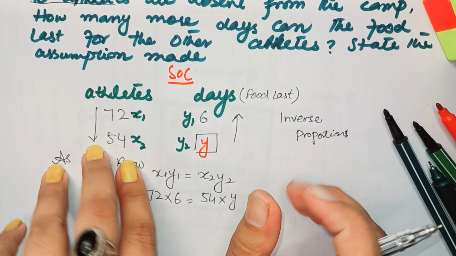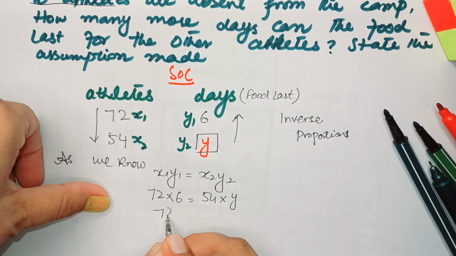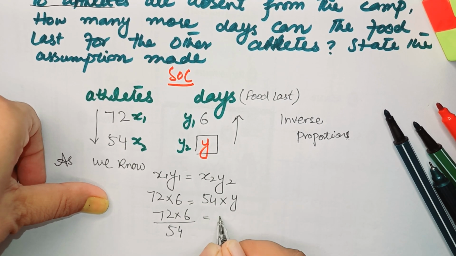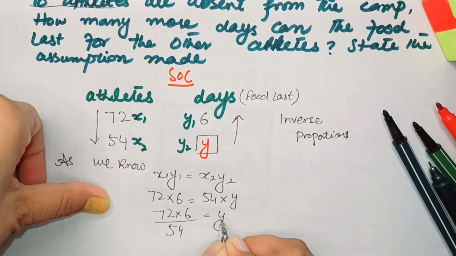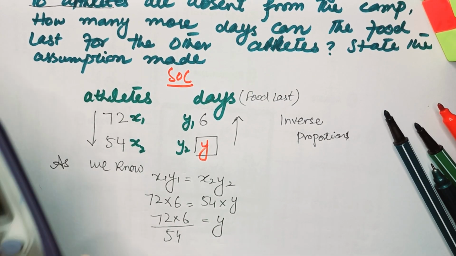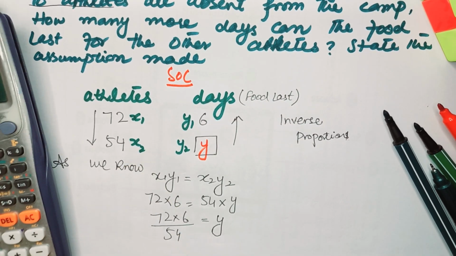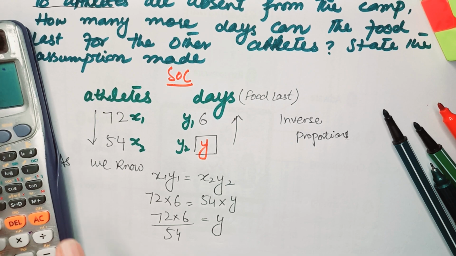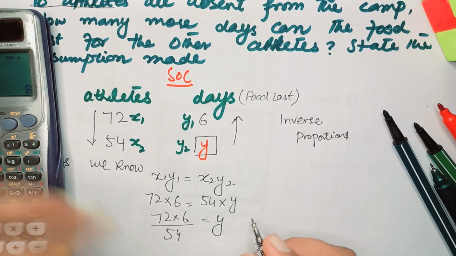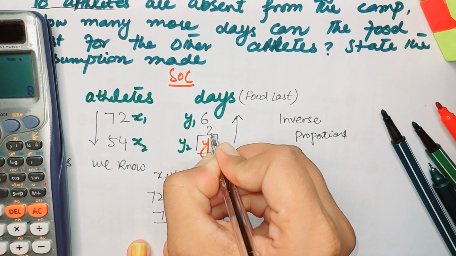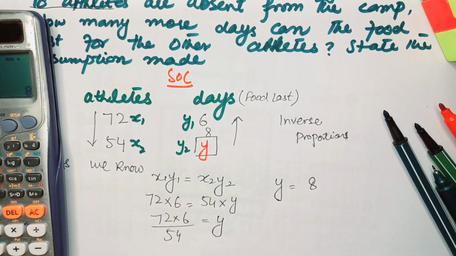So यहाँ से आप just simplification कर लेंगे. 72 multiplied by 6 divided by 54 equal to y. Now students, on solving it, you will get y equal to 8. Like the food is sufficient for 8 days.